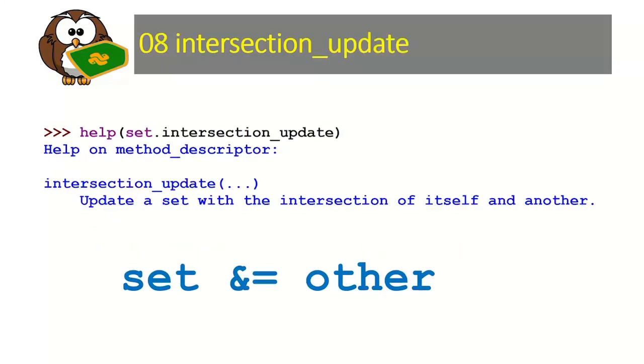But interestingly, if we're going to be using the ampersand equal, or the and equal sign, we're going to be updating the set, so that if we have a dynamically created or anonymous set on the left-hand side, at the time of this recording, we can have some strange things happen.